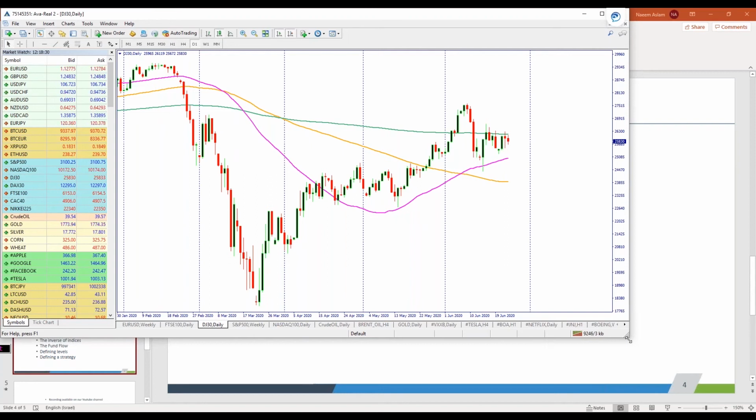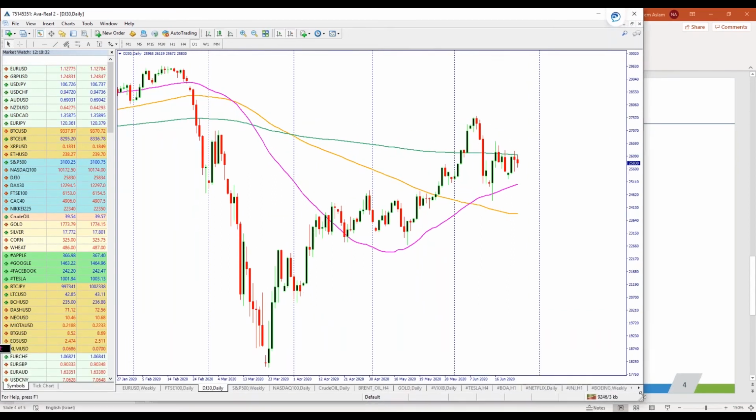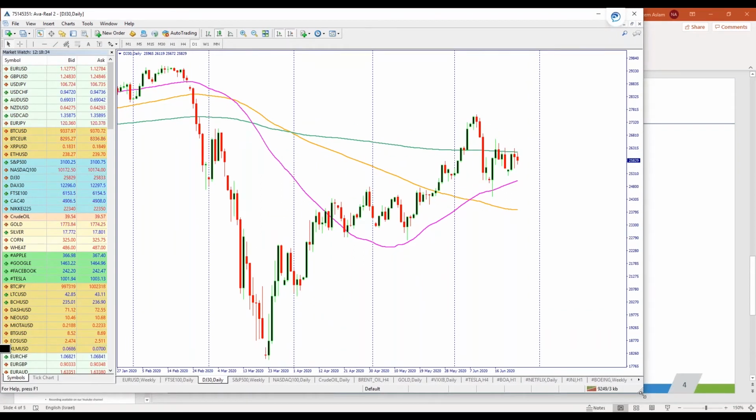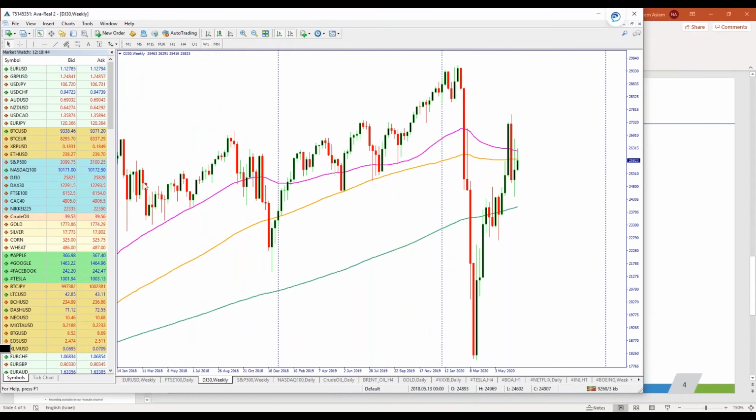When I say information, I mean the indicators that I'm going to use. The indicators that I love the most are as follows. First of all, I always begin by looking at the weekly time frame, and I draw my 50-week moving average, not the day, and then my 100-week moving average, followed by my 200-week moving average.